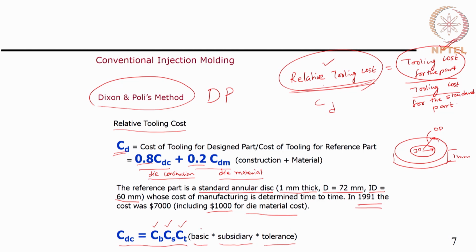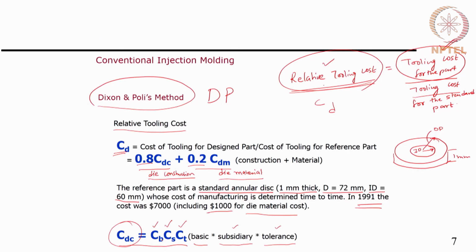The basic cost determines the maximum cost component, and based on additional features the subsidiary cost and the tolerance cost will increase the die construction cost. We will see one by one how CB, CS and CT can be determined.